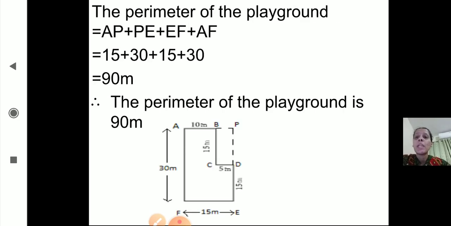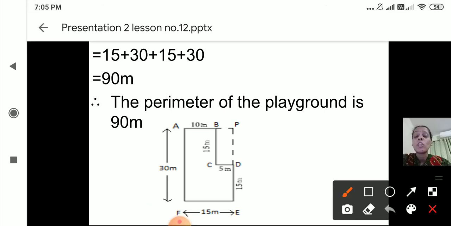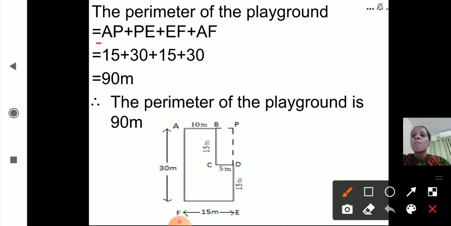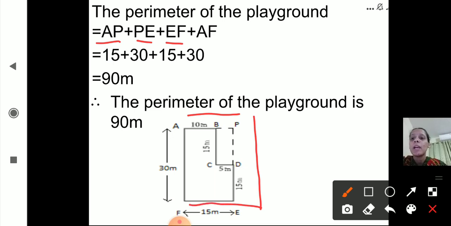So the perimeter of the playground is equal to, as you can see here, length of AP plus PE, this side, plus EF, this, plus AF, or you can write FA. So we will add all the 4 sides. Now what is the length of AP? AP is 15. Length of PE we got as 30.